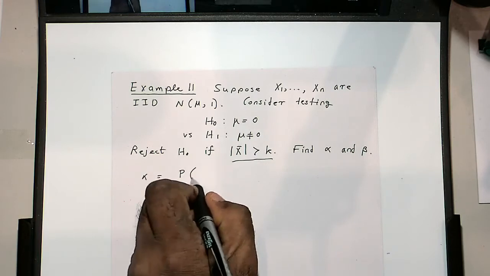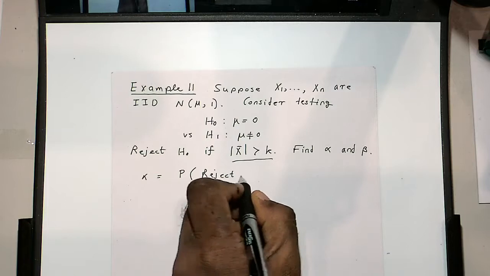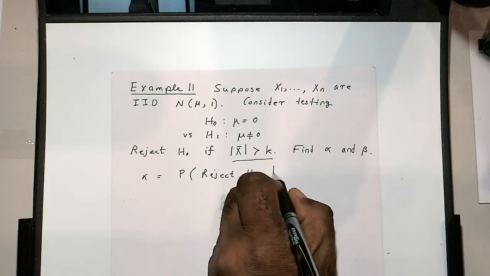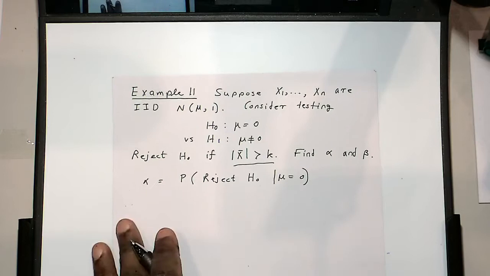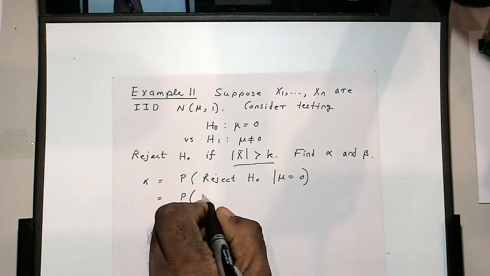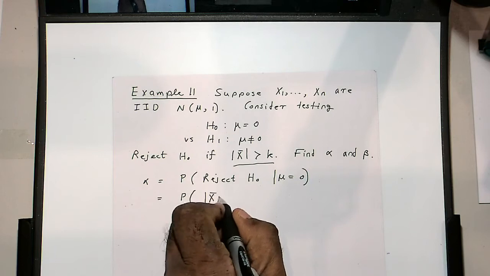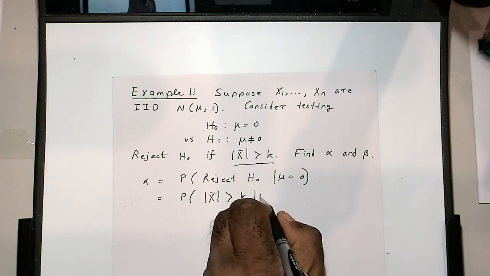So this is the probability of rejecting H0 when mu is equal to 0. So this is the probability that the absolute value of x bar is greater than k, given mu is 0.